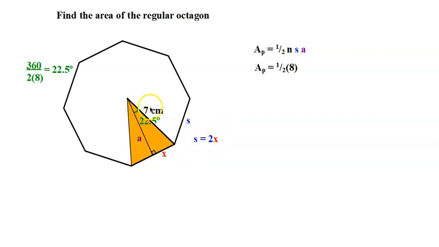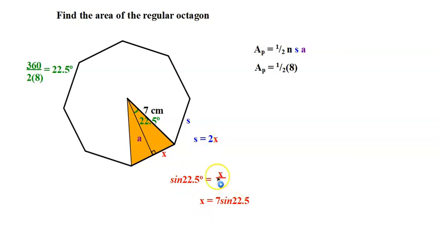Okay, so let's take a look here. I have the hypotenuse of my right triangle, and from this angle, x is opposite. So opposite and hypotenuse, opposite over hypotenuse, that would be sine. So I'm looking for the sine of my angle, 22.5, equals opposite over hypotenuse. I want to get x by itself, so we're going to multiply both sides by 7, and this is x.